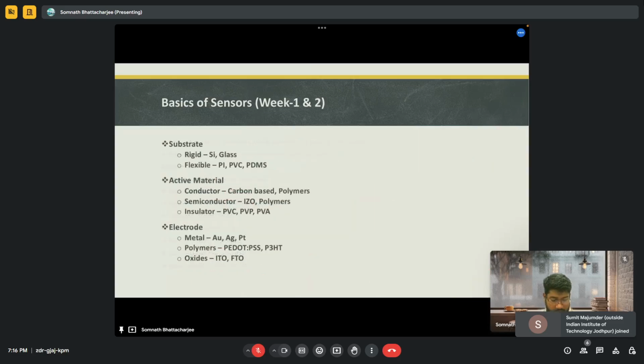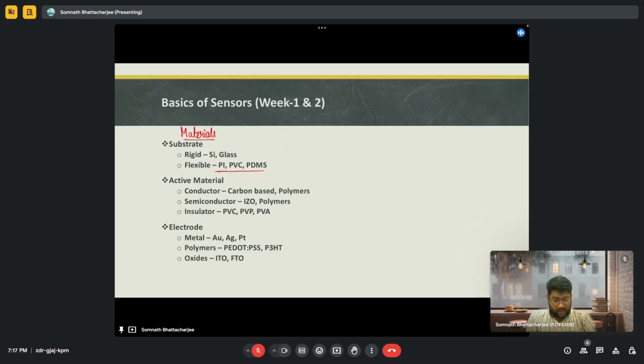Now, moving on to the next part, these are the materials for sensor fabrication. Based on your application, you will have to choose the material very carefully. If you want a flexible sensor, these are your choices: PDMS or PI, that is polyimide, or PVC, polyvinyl... I don't remember the full form of PVC.